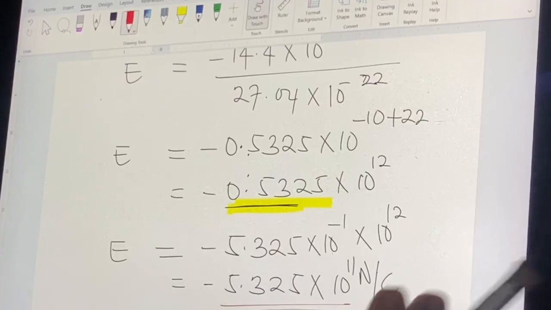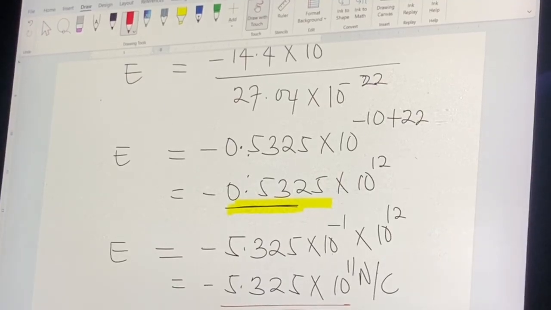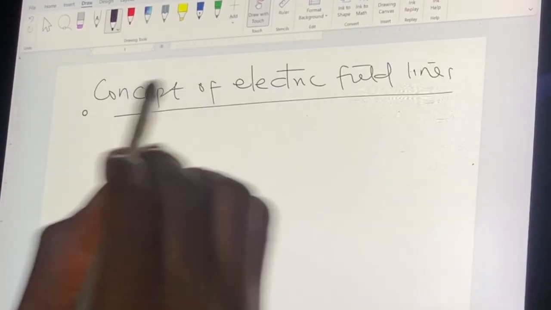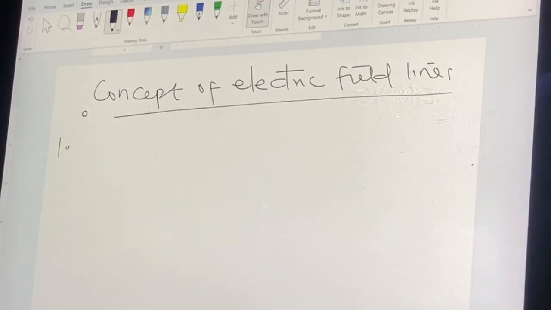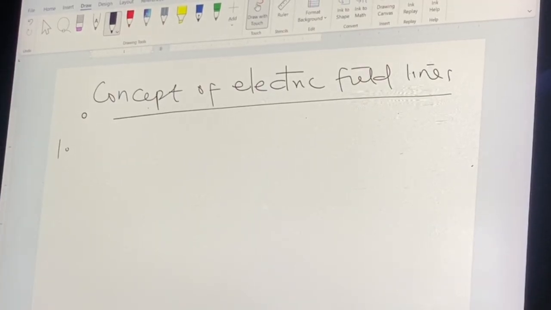Please take note. Okay, let's take the concept of electric field lines. Please write: concept of electric field lines. So the first concept of electric field lines here, please write: the lines do not touch one another.